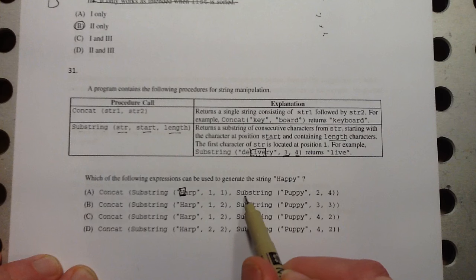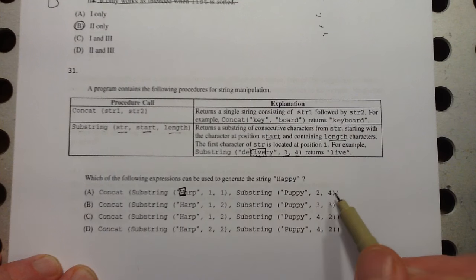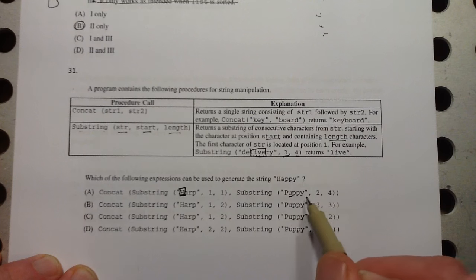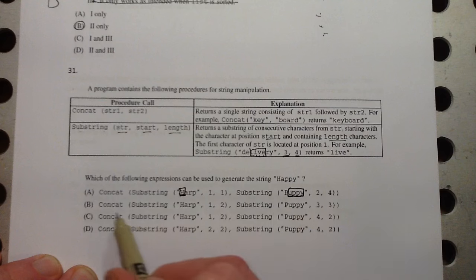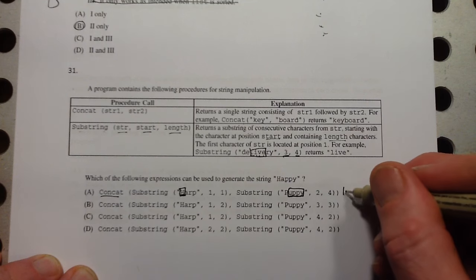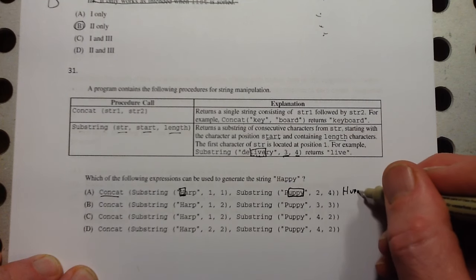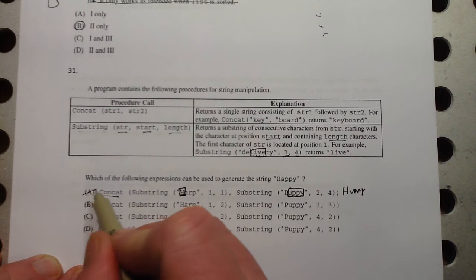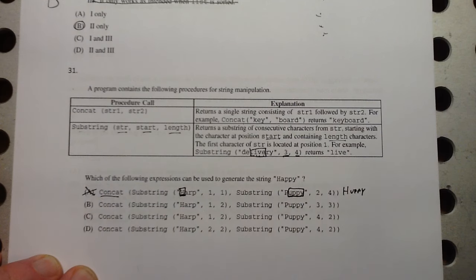And then substring puppy, start at 2, and then take 4 letters from there. And then it's going to concatenate those two. So that would give us huppy, which is kind of close. I don't think that means anything. It's like a happy puppy. But that's not what we're looking for. We want it to give us happy.